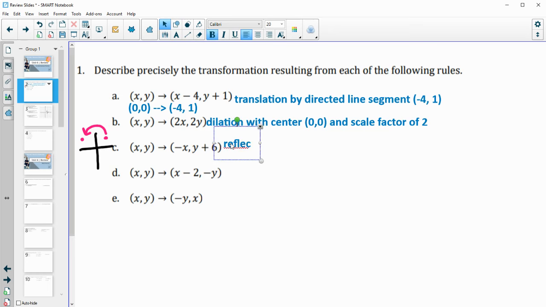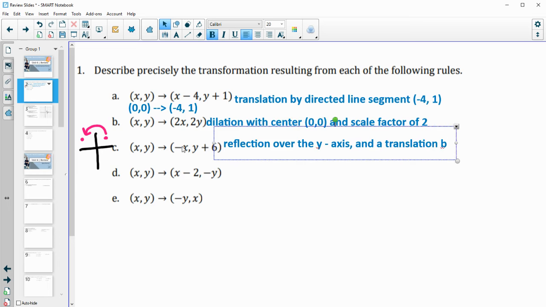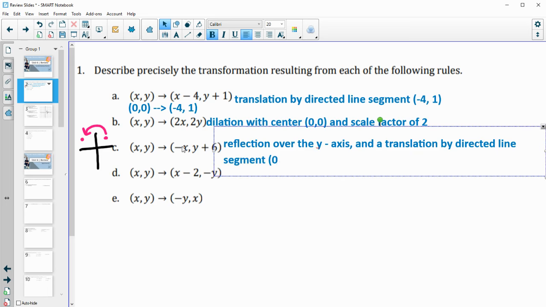So this will be a reflection over the y-axis, and again, that's because of that negative in front of the x, and a translation by directed segment 0, 6. So then we're also moving up 6 units with this +6 on the y.